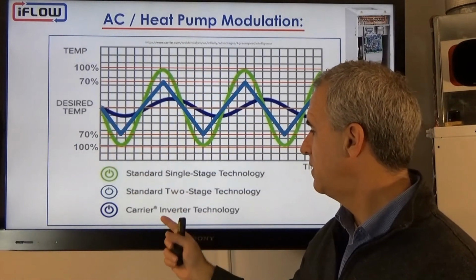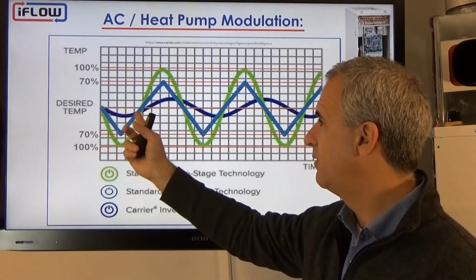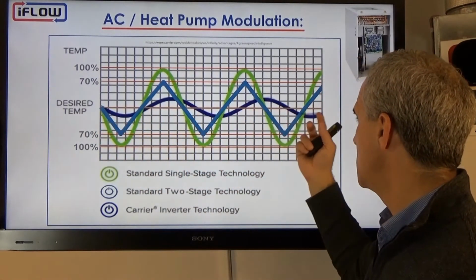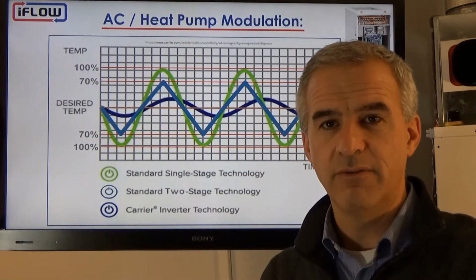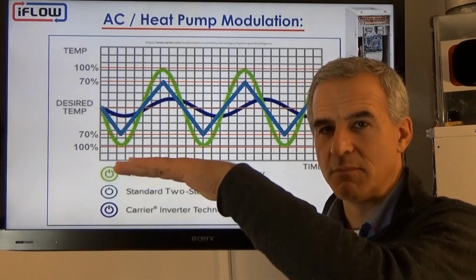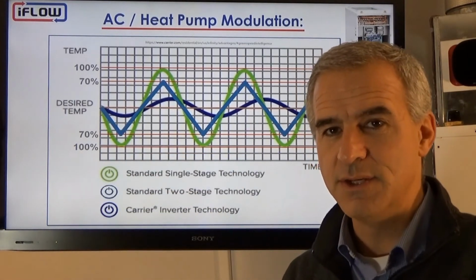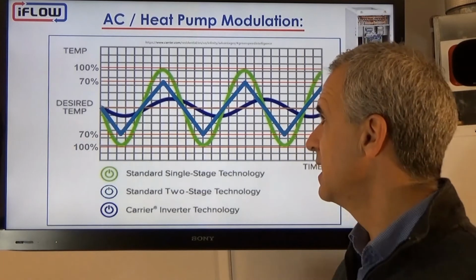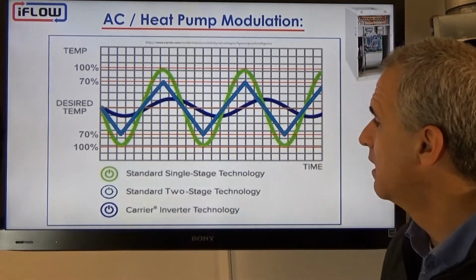With the inverter, we're going to be following the temperature in the room very, very precisely, in that we're able to modulate to whatever BTUs they need in the space. So that's again the advantage of modulation.